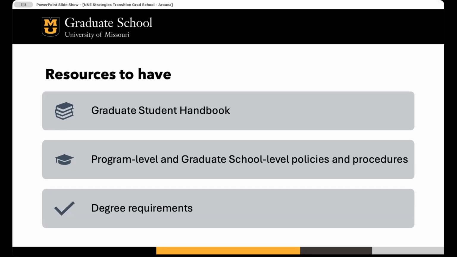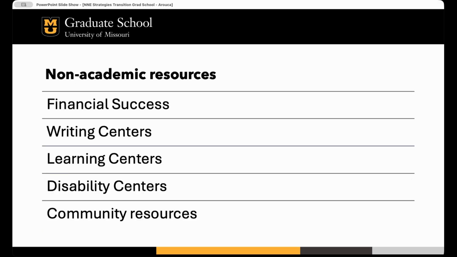So you're trying to find all that information, and things that are not necessarily academic resources but that will help you. Anything relating to financial success, even things from how to make a budget on a graduate school stipend in a new city.